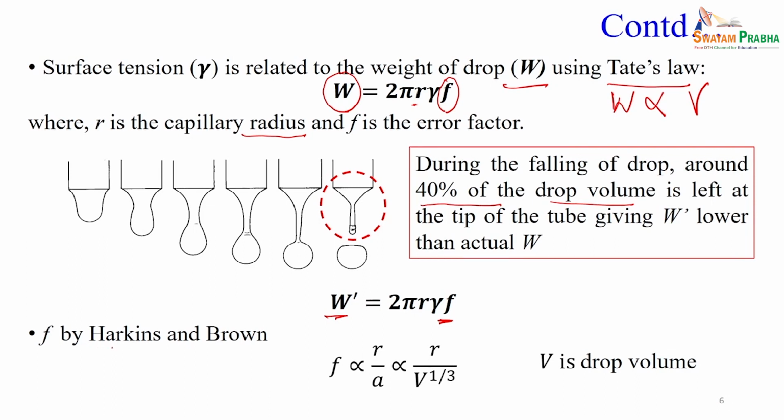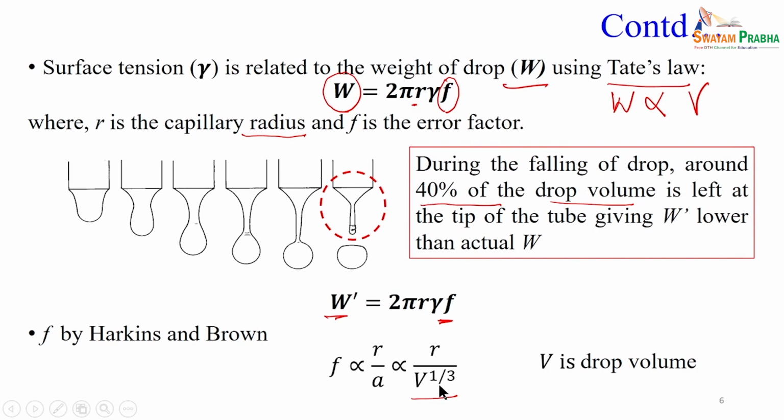So, Harkins and Brown proposed the error factor as a function of R upon A. R is the size of the capillary, A is the size of the drop, and as we know A is a function of drop volume to the power 1 by 3.